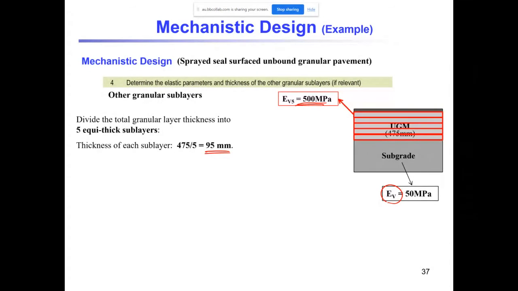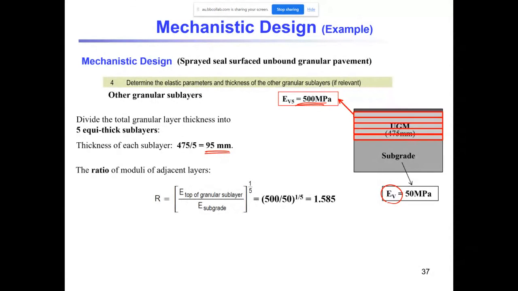The top layer we calculated is 500. Now we need to calculate that ratio of moduli, right? That reduction factor. So 500 divided by 50, to the power 0.2. That will give us the reduction factor of 1.585.